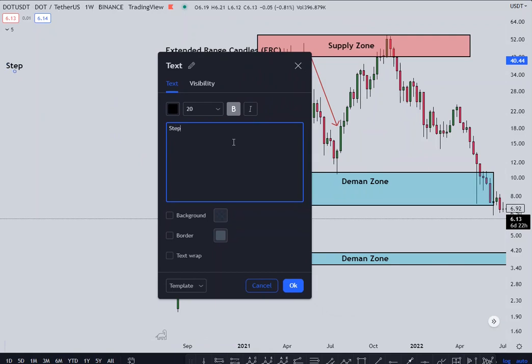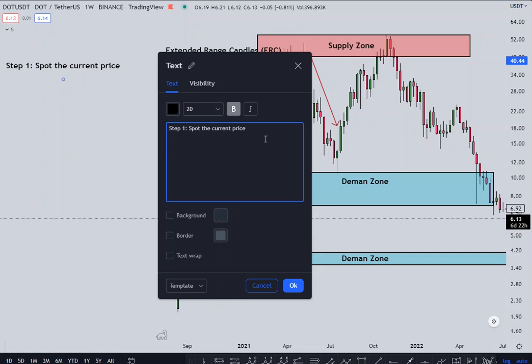So step number 1 is spot the current price.